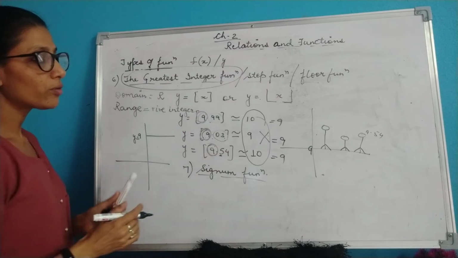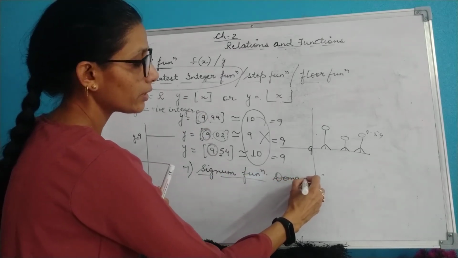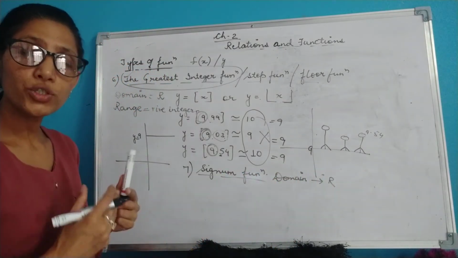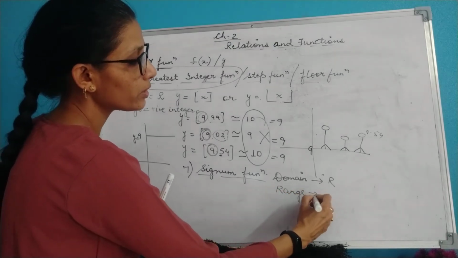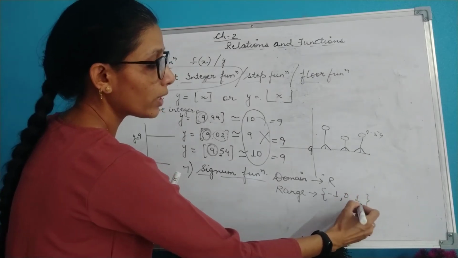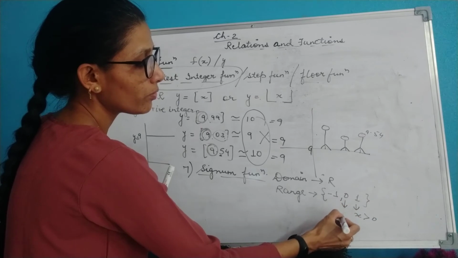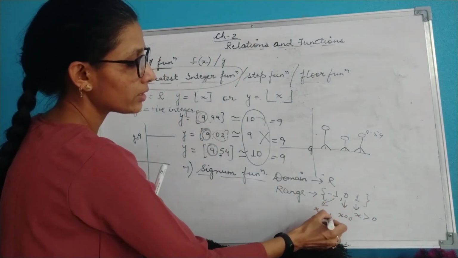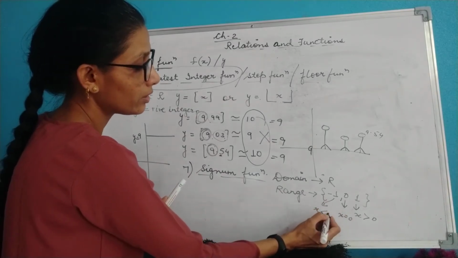Now for Signum function, children, the domain can have any real value, but we have a restriction on range. Range should always lie among -1, 0 and 1: 1 when x is greater than 0, 0 when x equal to 0, and -1 when x is less than 0.